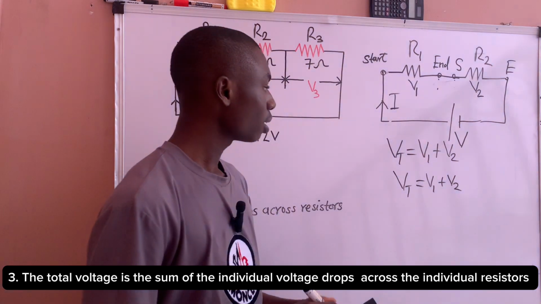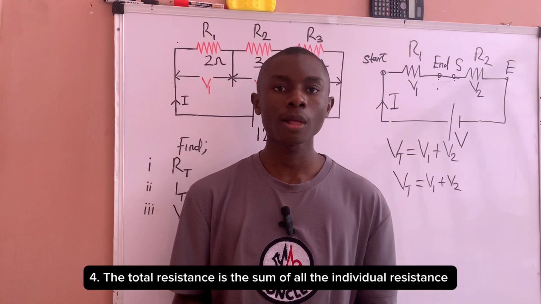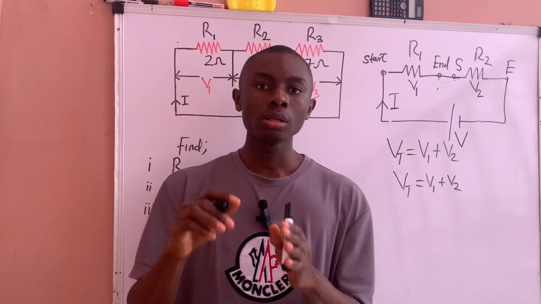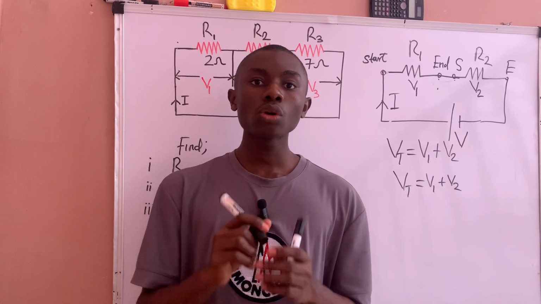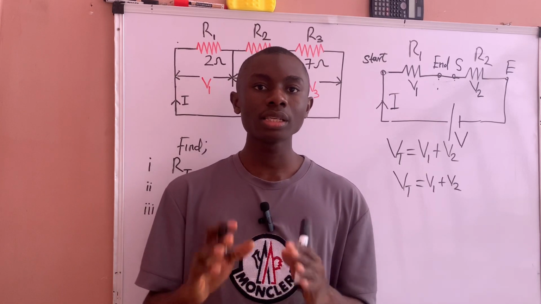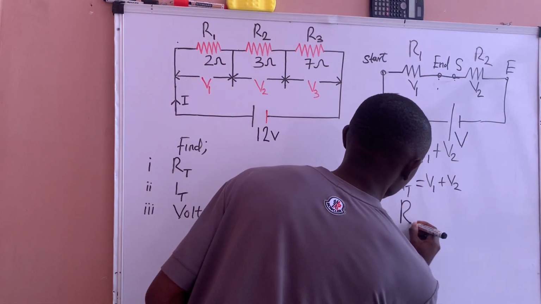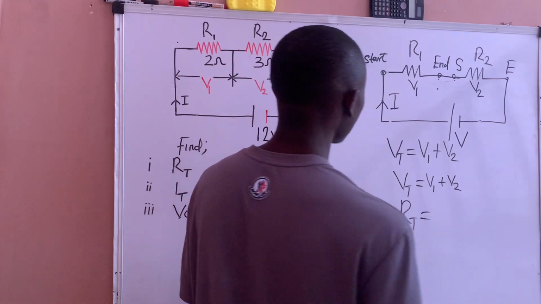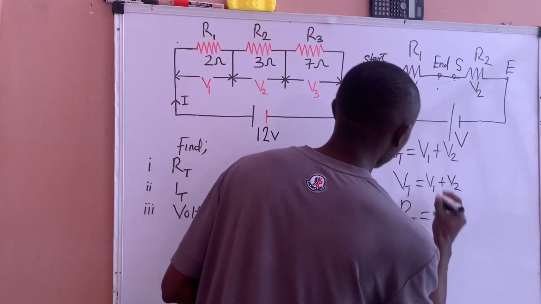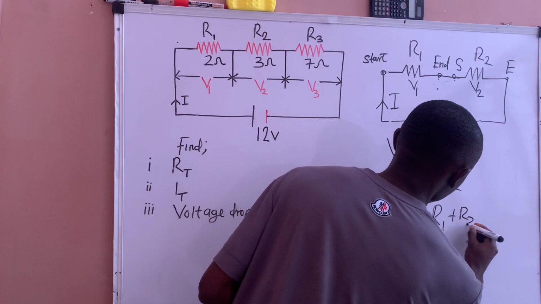Then another characteristic of a series circuit is that the total resistance is the sum of all resistors. The total resistance in a series circuit, which is RT, is the sum of the individual resistors, which means it is resistor R1 plus R2.